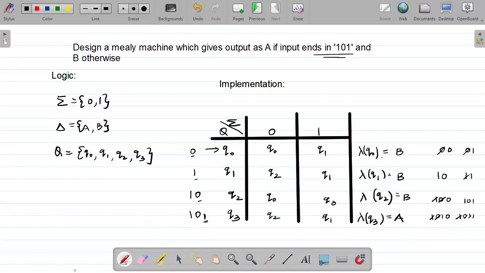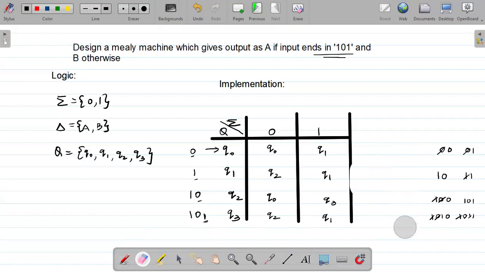So this will not come. This was there for the Moore machine. Now instead of that, we'll be having the output mapping. So this is the transition function. The output mapping here will be a little different.